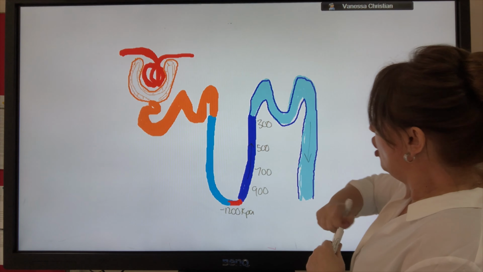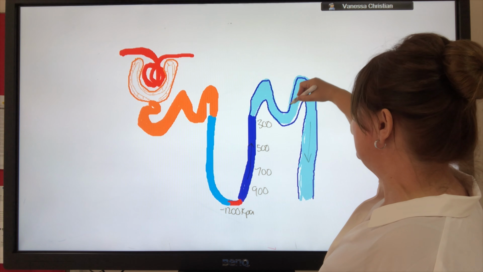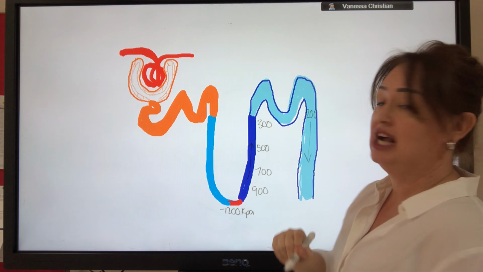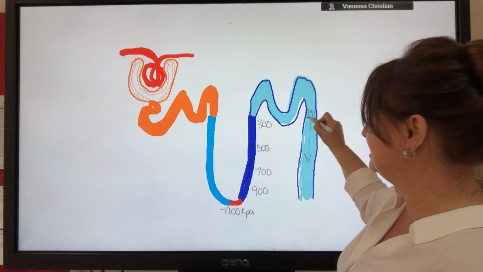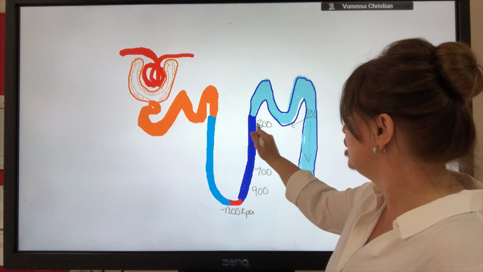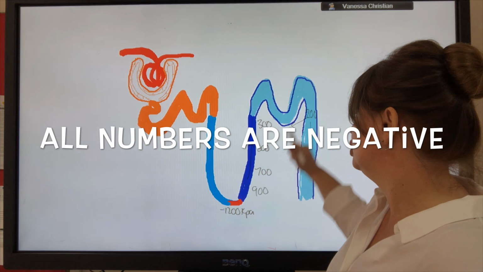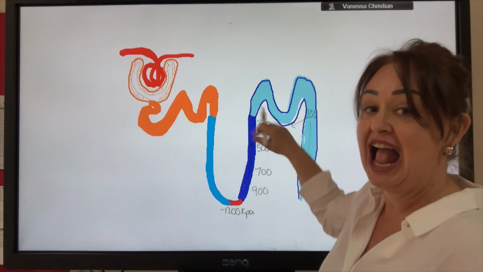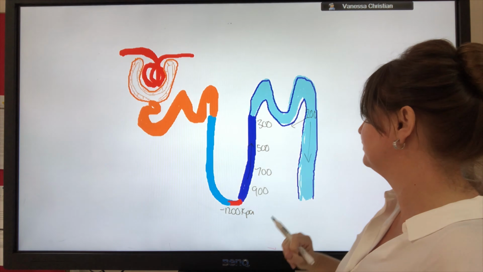So although the filtrate moving through here now has a really high water potential, water is still going to move out, because on this side it's a little bit more negative. So water's going to move out from the filtrate into the interstitial space, and then of course off into the blood capillary, which isn't shown on here.